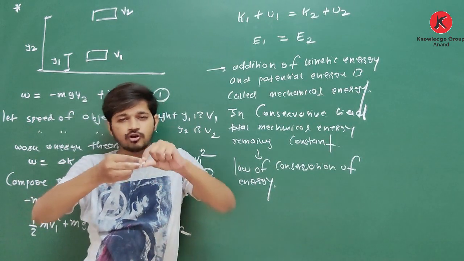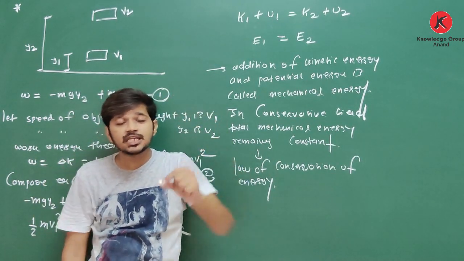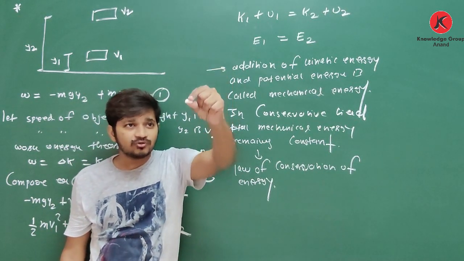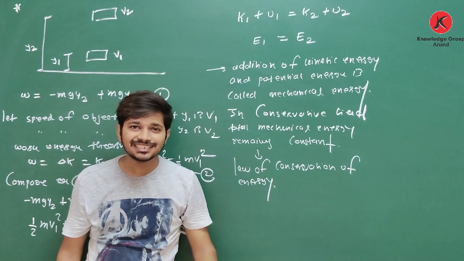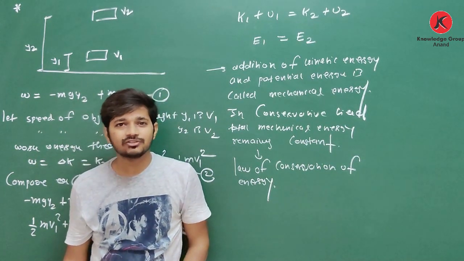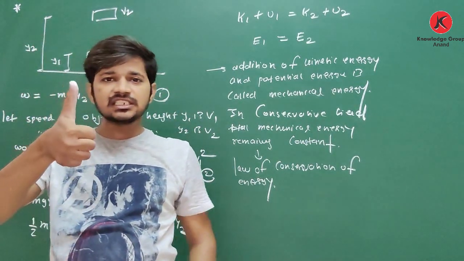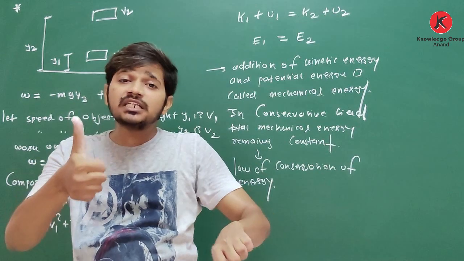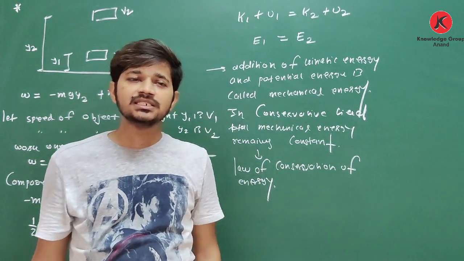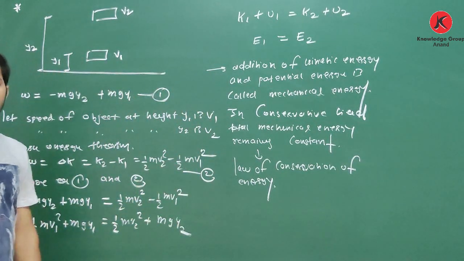Height decreases, so potential energy decreases, but by Galileo's law its speed increases, so kinetic energy increases. If kinetic energy increases, potential energy decreases, but their addition remains the same. And that is the law of conservation of energy.